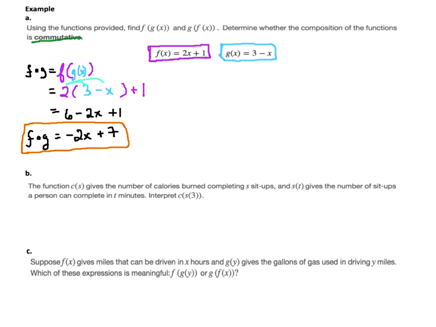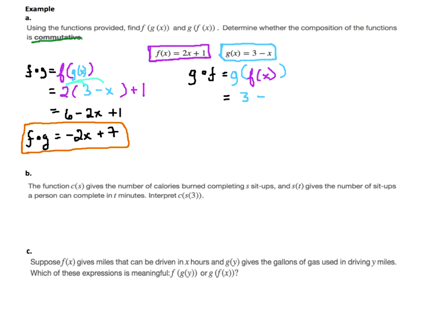Okay, so let's see how g composed with f differs from that. This time, since the g function's listed first, g is now my shell function, and I'm going to plug my f function in wherever I see x in the g function. So g is now my shell.